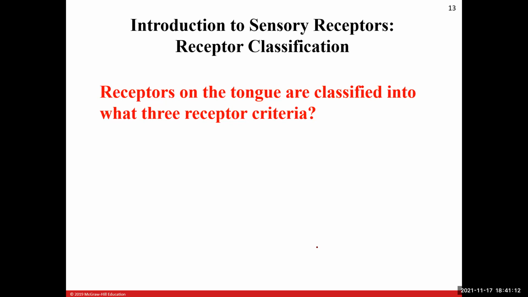So those receptors are chemoreceptors. So we're dealing with special senses, exterior receptors, and then chemoreceptors when we're talking about the receptors of the tongue.